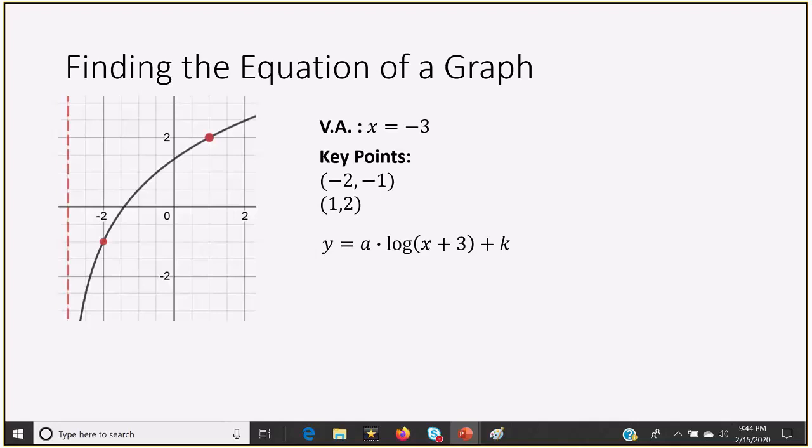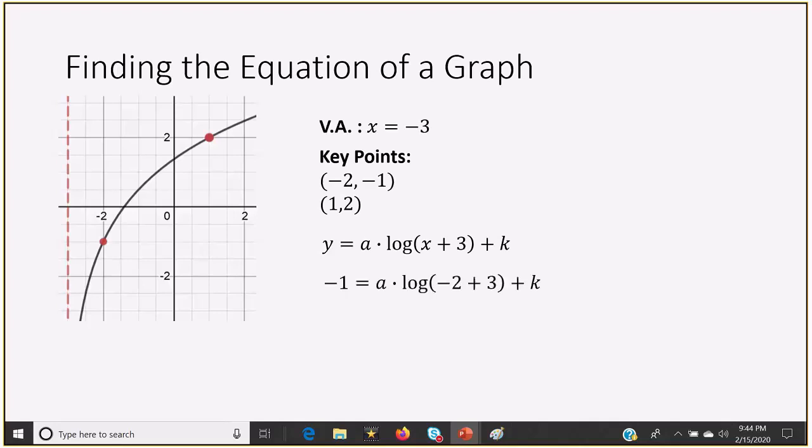I don't know what I'm multiplying that by. I don't know if I'm being shifted up or down, anything like that. So I'm going to just put placeholders in there until I figure out what's happening. I think what probably would happen in WebWorK is they're going to tell you what base to use, but if they don't tell you which base to use, I would recommend using log base 10.